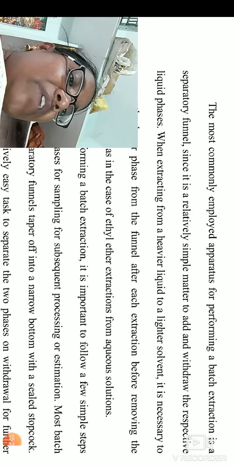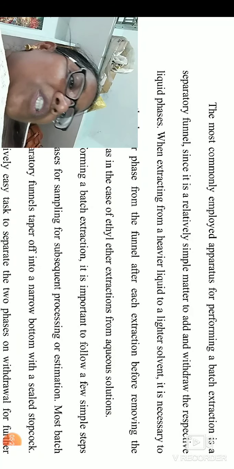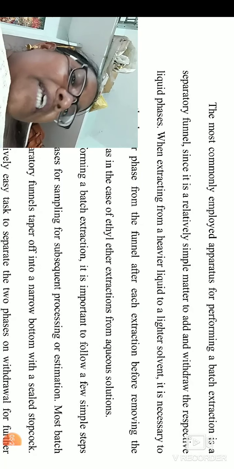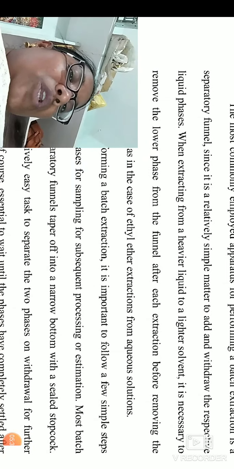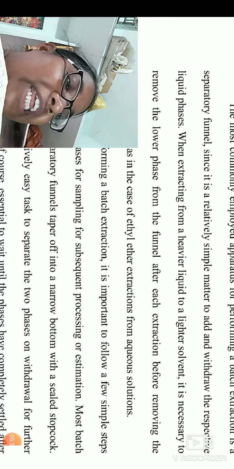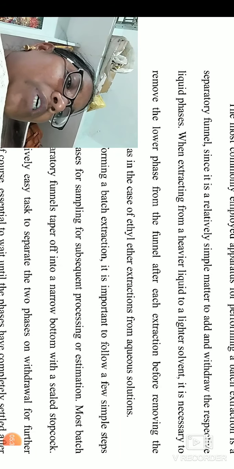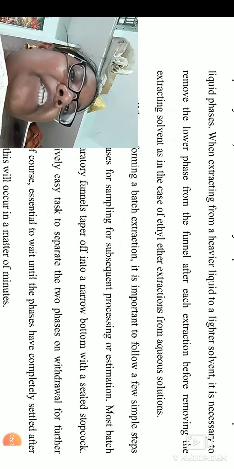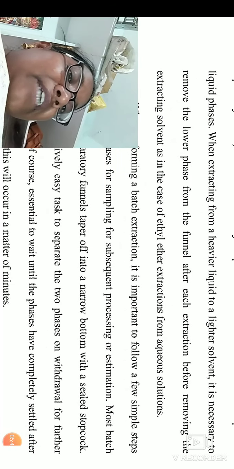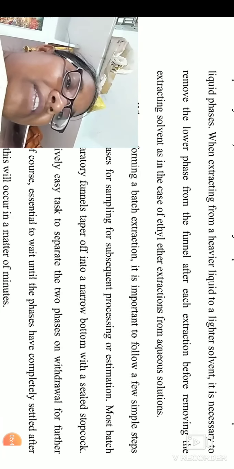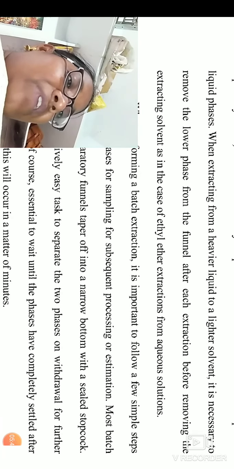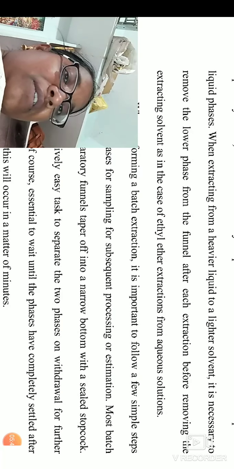It is a relatively simple matter to add and withdraw the respective liquid phases when extracting from a heavier liquid to a lighter solvent. It is necessary to remove the lower phase from the funnel after each extraction before removing the extracting solvent, as in the case of ether extractions from aqueous solutions.